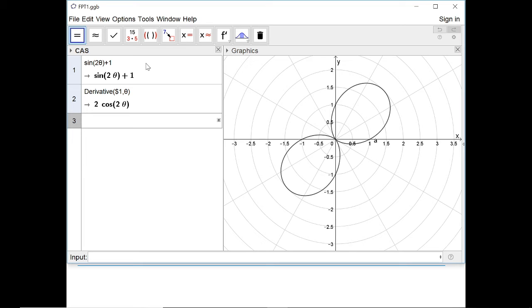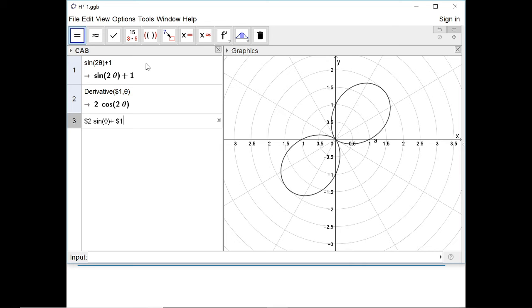Now I'm going to put this together to make my formula for dy by dx. So dy by dx was dr by d theta, so that is just expression 2, multiplied by sine theta, plus r cos theta.